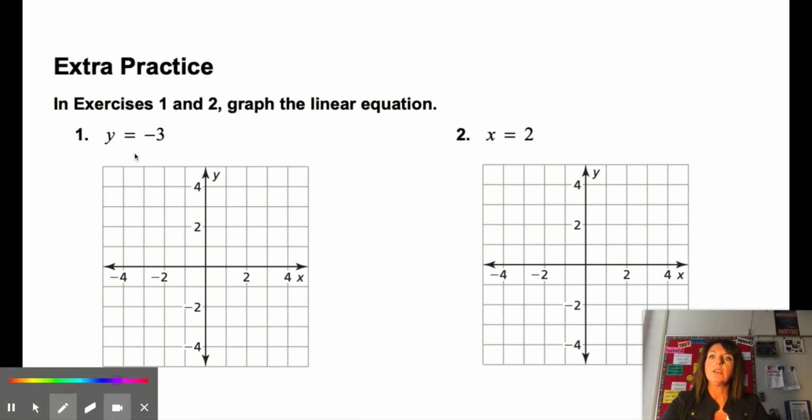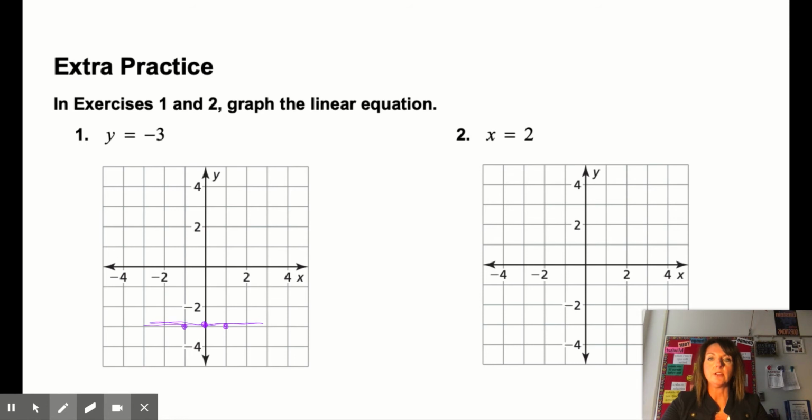Number 1, y is equal to negative 3. So from 0, we would go to y is equal to negative 3, right here. Like I said, I usually just fill in a couple around there so I have a better chance.